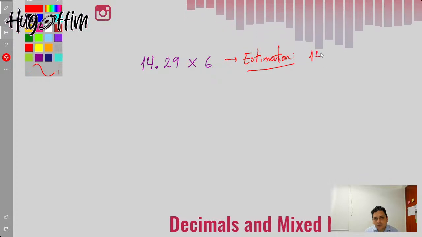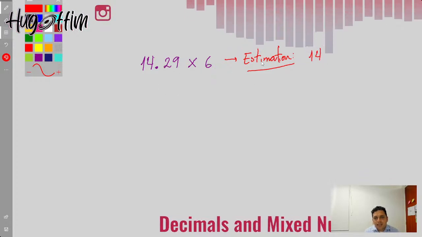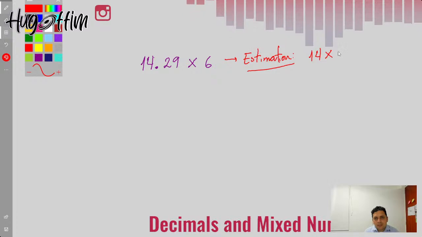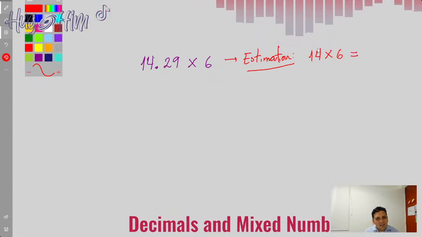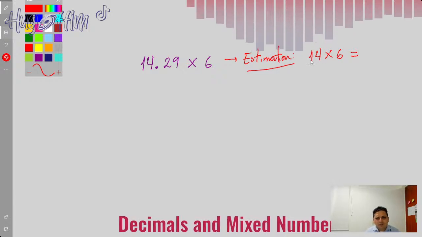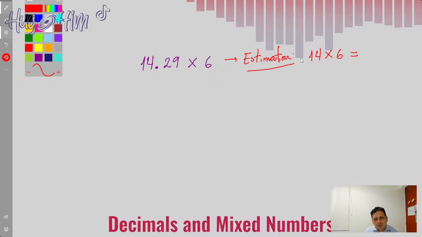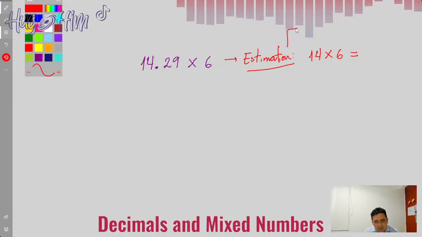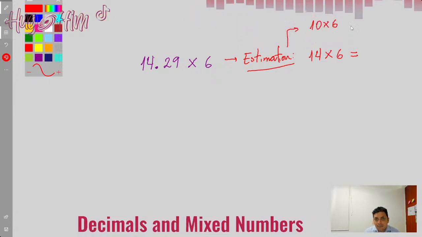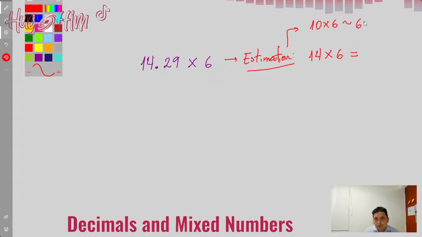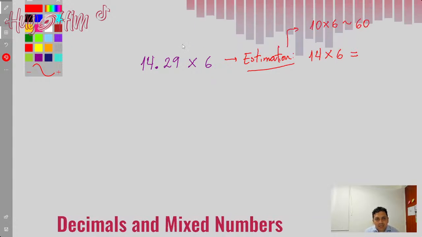Start with an estimation. So I'm going to start estimating this result. That is going to be 14.29. I'm going to round it to 14 times 6. Okay? Oh, I don't want to multiply 14. I want to estimate. I want to do an estimation quickly. Okay, so maybe you can go to another estimation that is 10 times 6. So this answer is around 60.